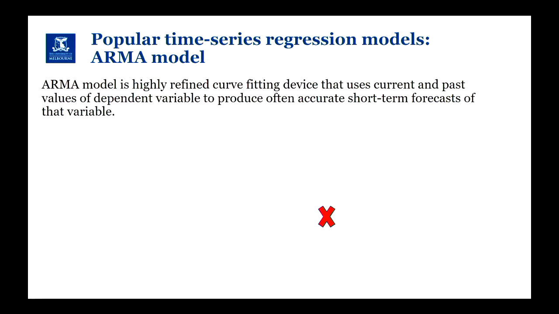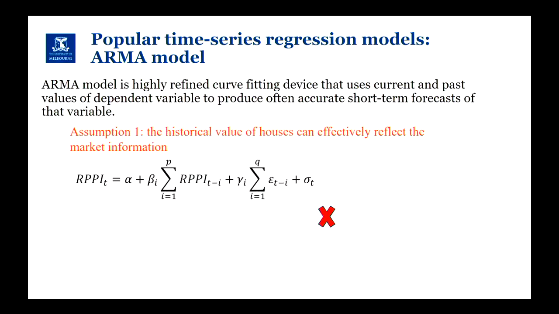Remember again, this is just a model for one single data series. What we are talking about is only the house price index. The ARMA model can be used to predict the time series data, and there is one big assumption: we assume all the historical values can fully and effectively reflect the market information.